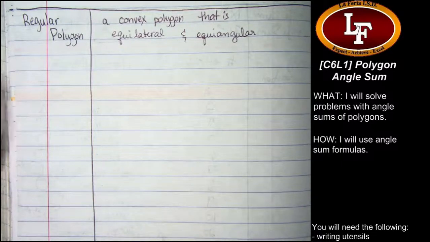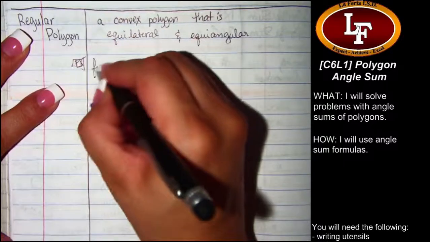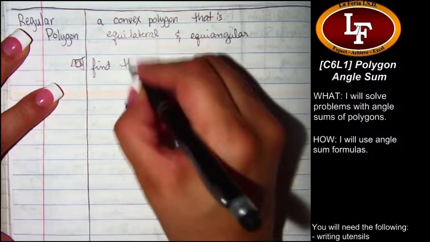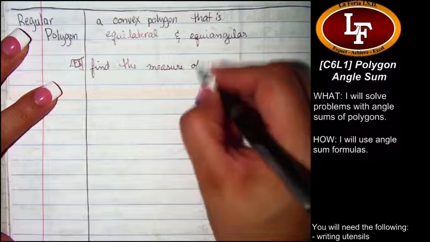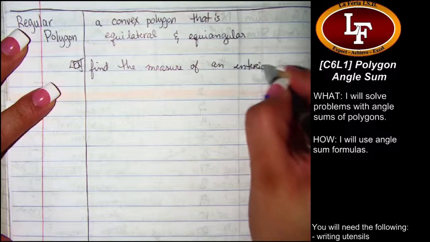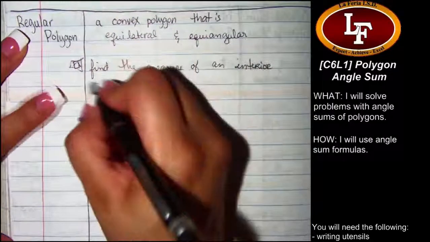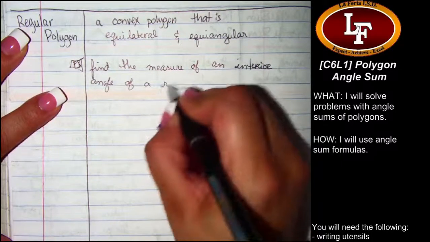Awesome. This allows us to do stuff like this. Find the measure of an interior angle of a regular polygon.